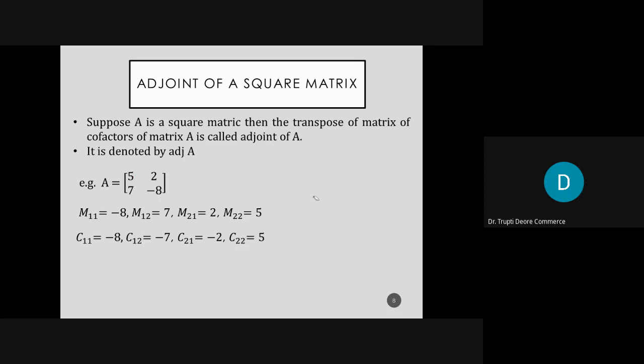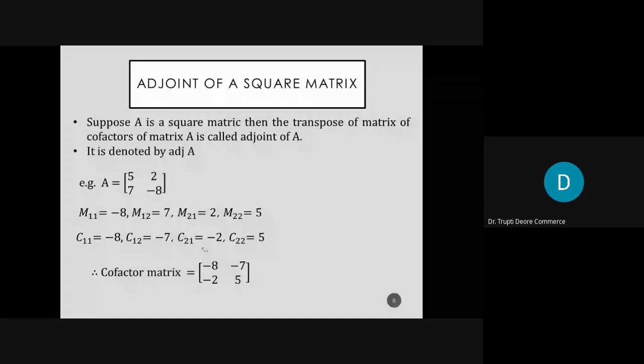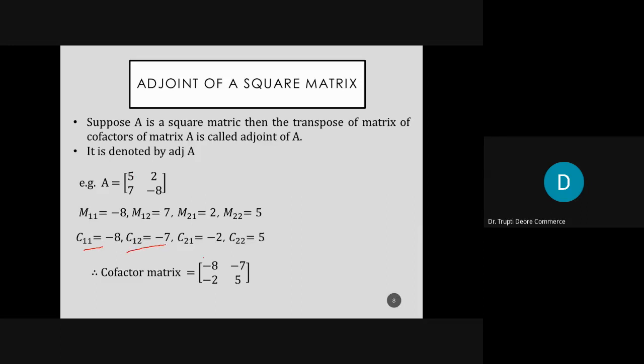Now what do we have to find out? Adjoint. For adjoint we have to form the matrix. So what will the cofactor matrix be? You just have to place the elements. C11 is first row first column, then first row second column: -8, -7. C21 is second row first column: -2, 5. So we got the cofactor matrix. Adjoint means it's the transpose of the cofactor matrix.